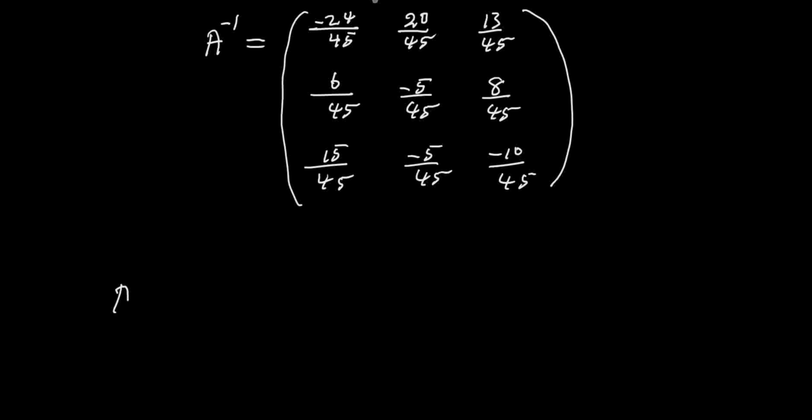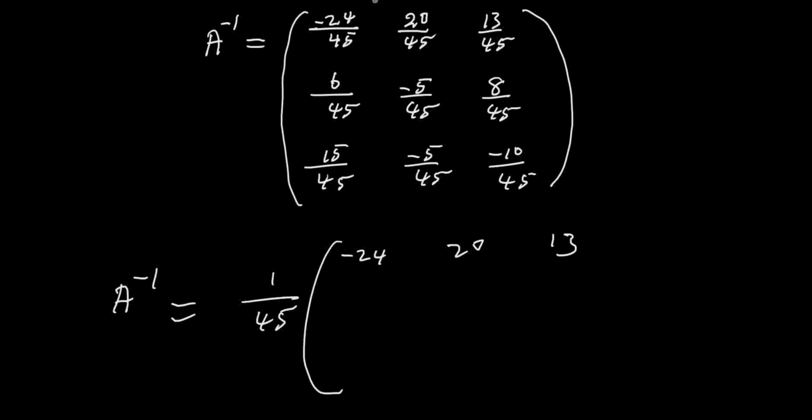So the inverse is now equals to 1 over 45 negative 24, 20, 13, 6, negative 5, 8, 15, negative 5, and negative 10.